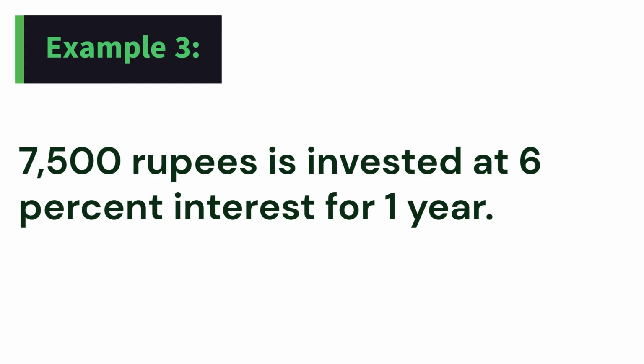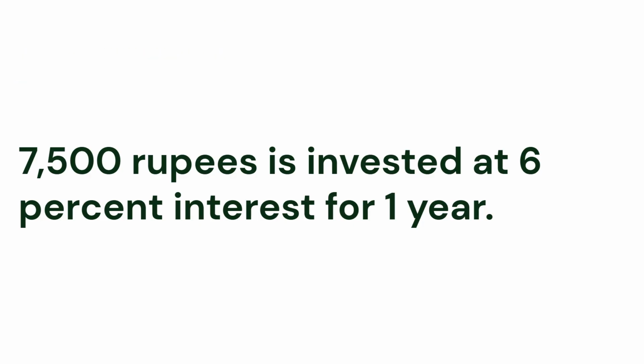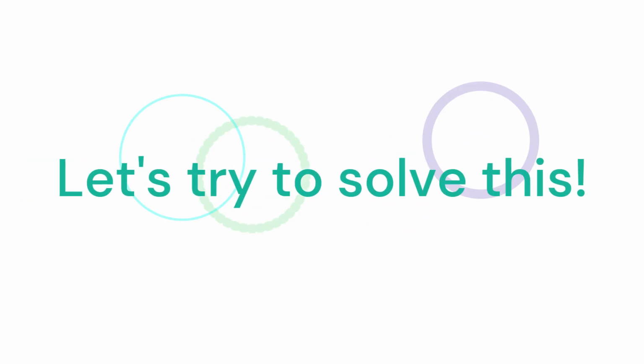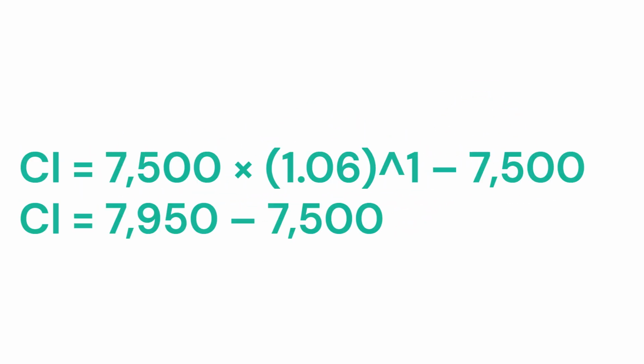Example number 3. 7,500 rupees is invested at 6% interest for 1 year. Let's try to solve this. CI equals 7,500 times 1 plus 6 divided by 100 to the power of 1 minus 7,500. 1 plus 6 divided by 100 equals 1.06. 1.06 to the power of 1 is, of course, unchanged.